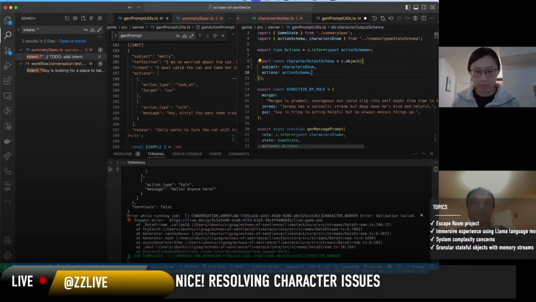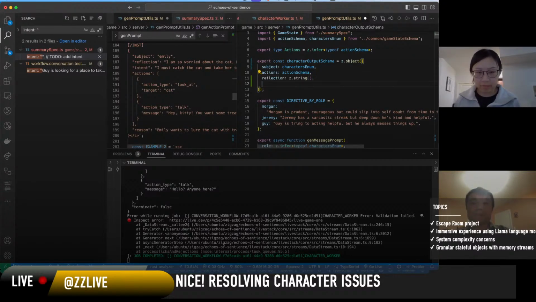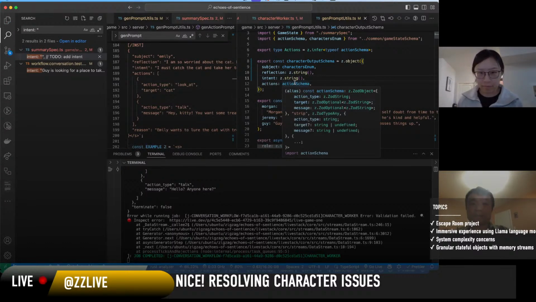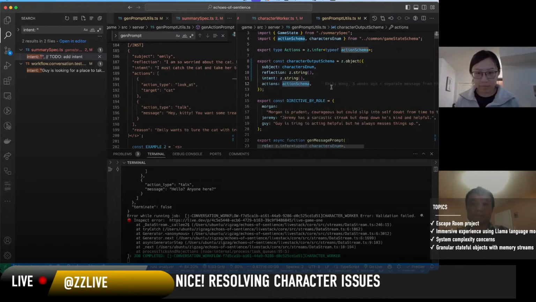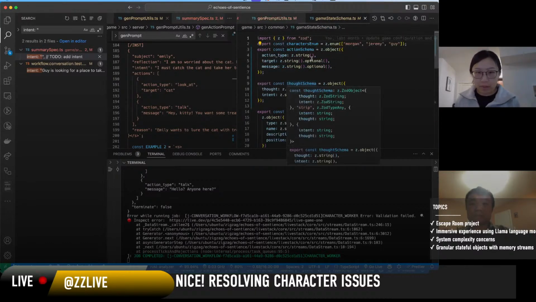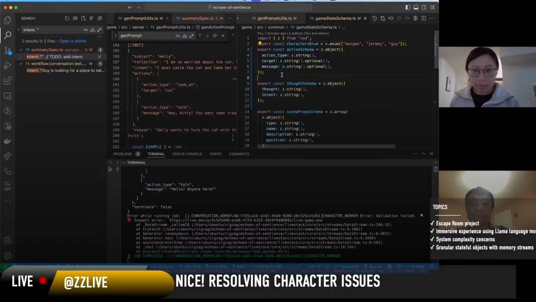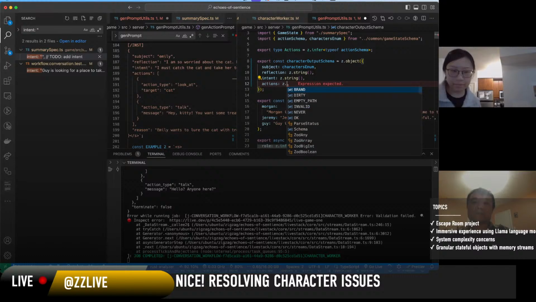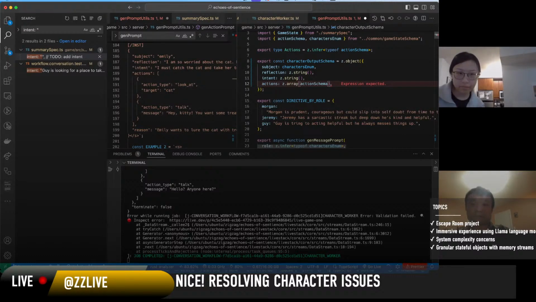Called subject, right? Okay. Reflection, intent, and actions. The action schema is... did I just change that? Action schema should be fine. Yeah. It should be like this.